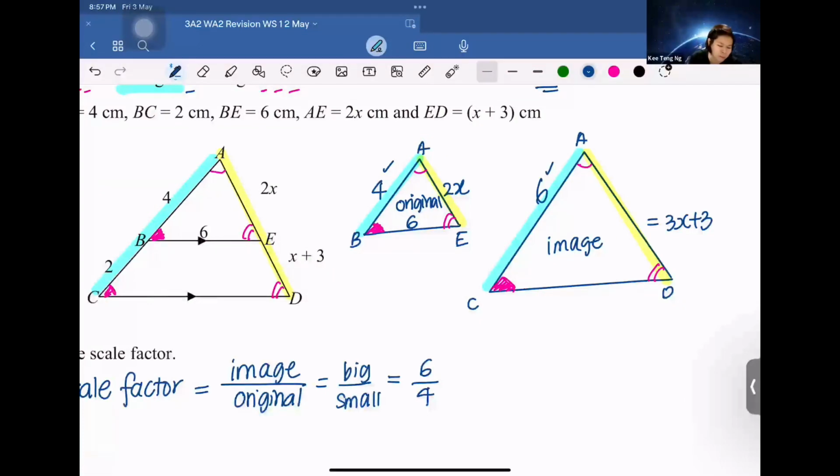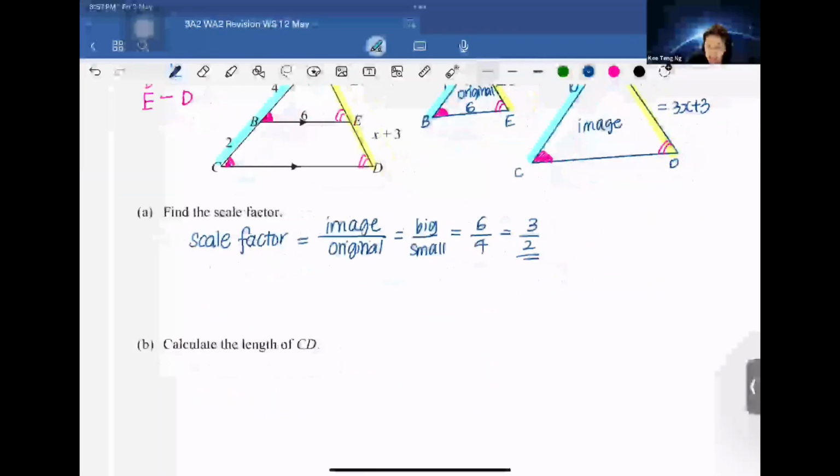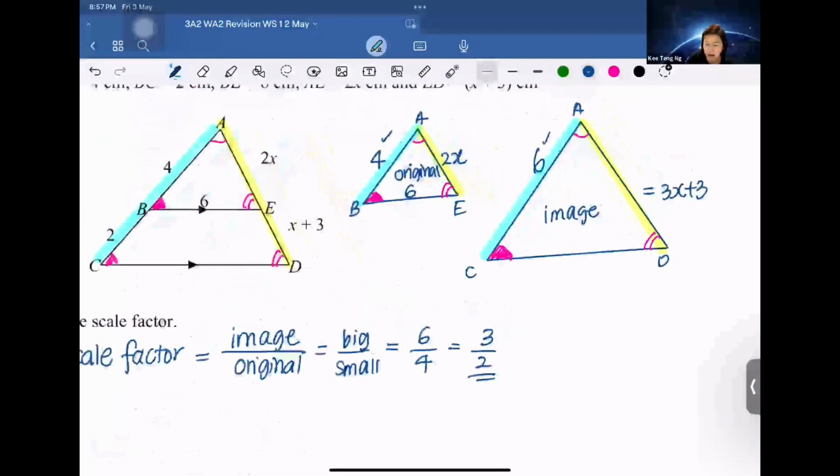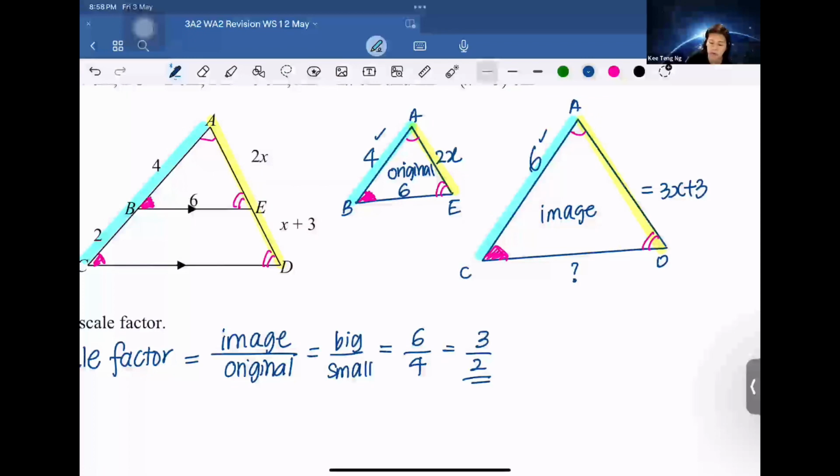But always remember to simplify your fraction. Leave it as an improper fraction if necessary. So in this case, my scale factor will be 3 over 2 after simplification. So this one will be the final answer. Next, calculate the length for CD. So if I want to find the length of CD, I'm going from my original to my image.